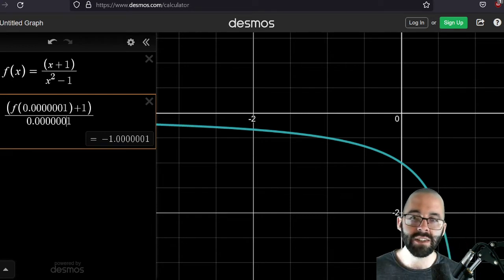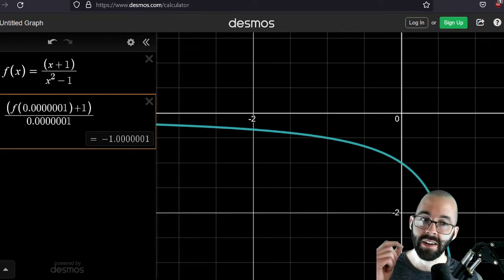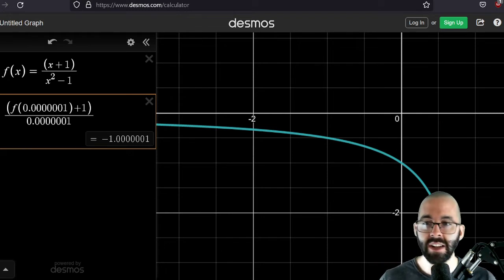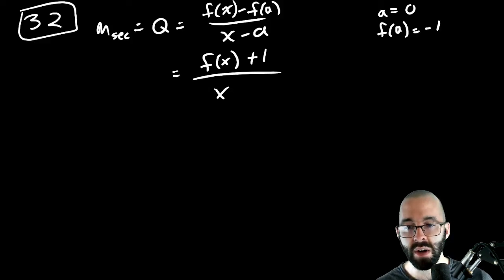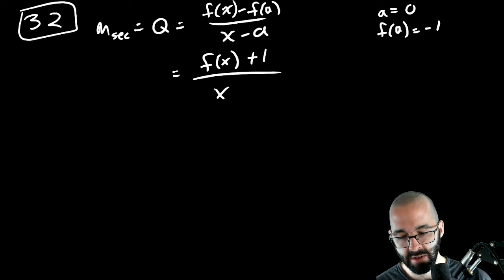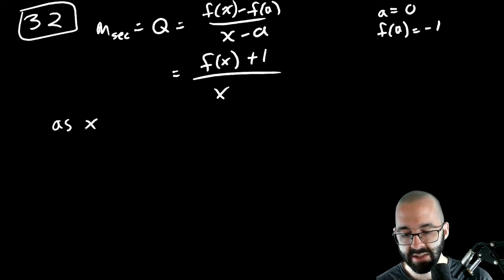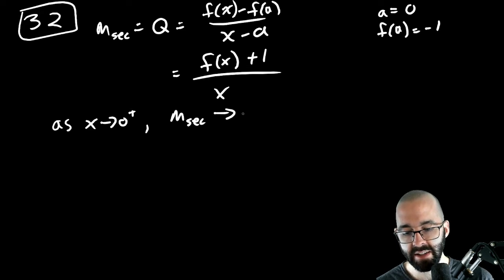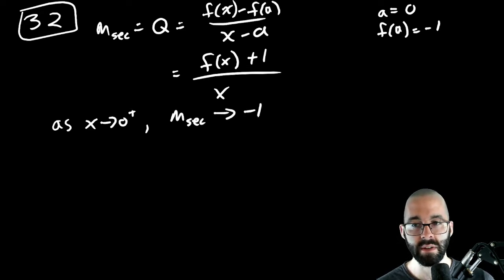The closer we get to 0 from the right, the slope of this secant line is approaching negative 1. So as x approaches 0 from the right, the slope of that secant line is approaching negative 1.